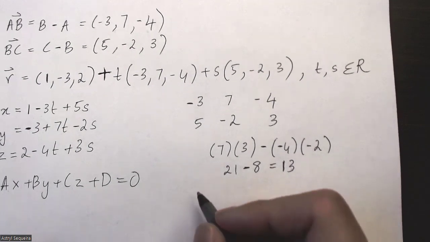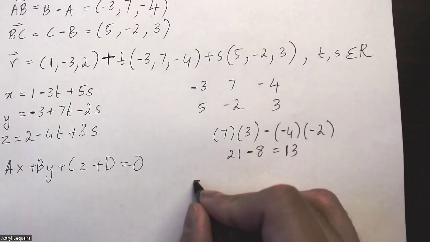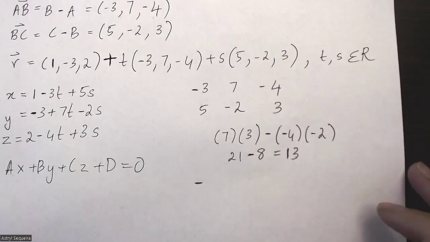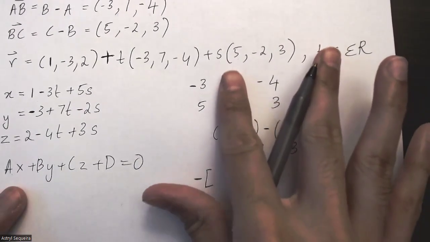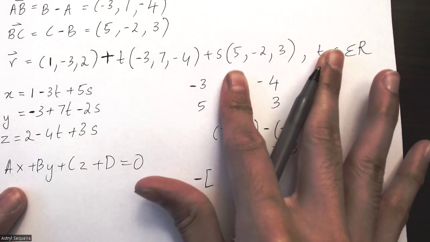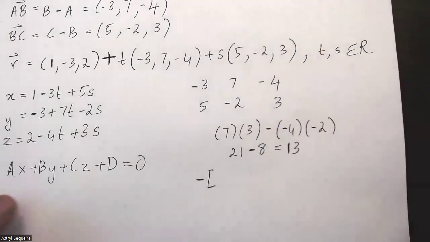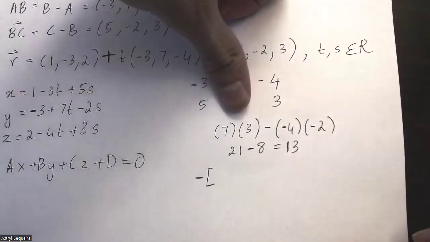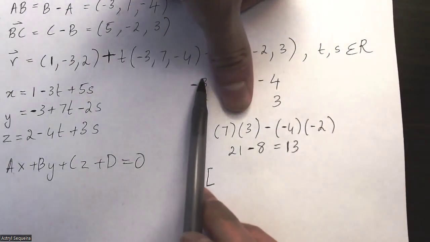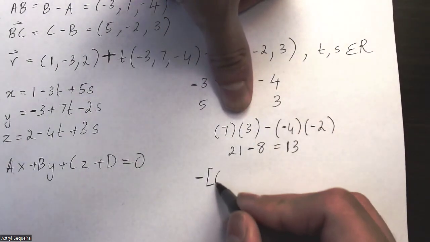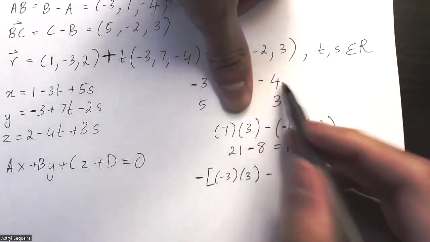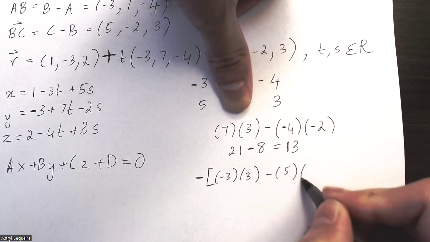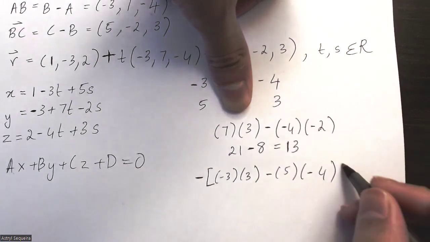Next, I'll do the y component. For the y component, I start by putting a negative sign. Then I use a square bracket, and then I hide the middle column, and then I cross multiply again. So if I hide the middle column and I cross multiply, I have -3 times 3 minus 5 times -4.